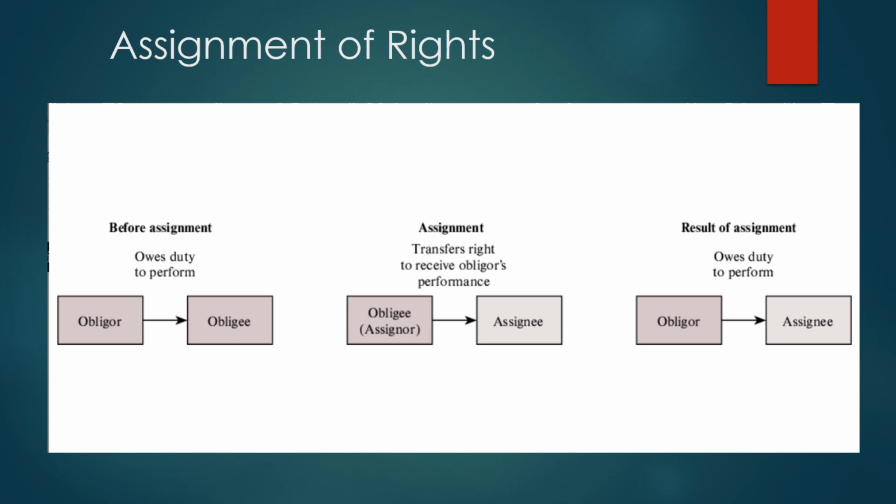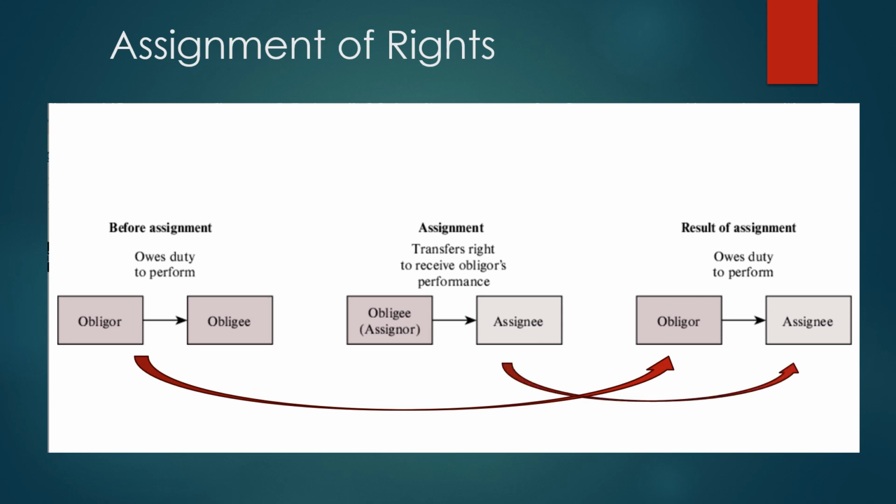So I'm now the assignor, and Joe is the assignee. And so I'm transferring my right to receive the money from you, the obligor, to now Joe. And what that means is now you, in this new assignment, you are still obligated for 500, but you're going to pay the assignee Joe.